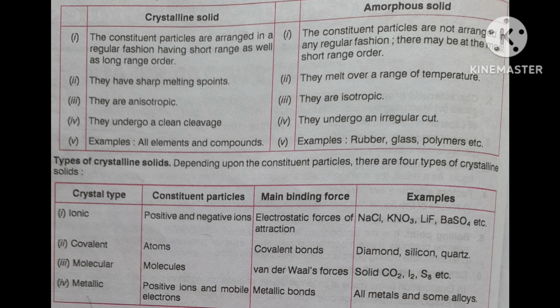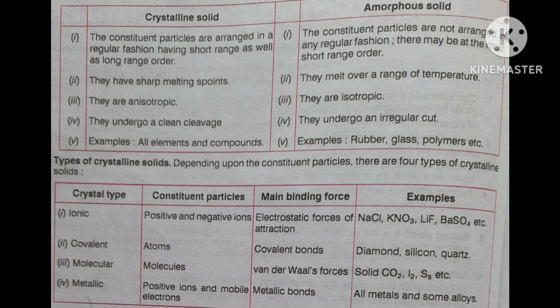Now metallic solid. What are the constituent particles of metallic solid? Remember, positive ions, but not negative ions. Positive ions and mobile electrons. This is the difference.